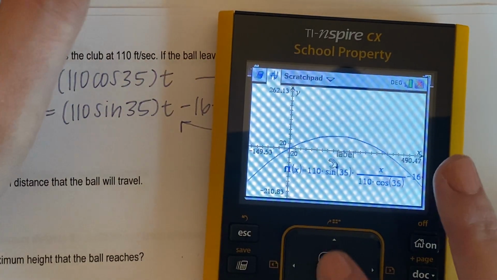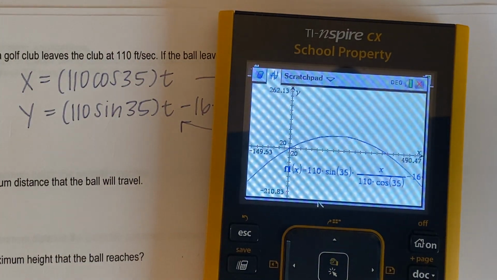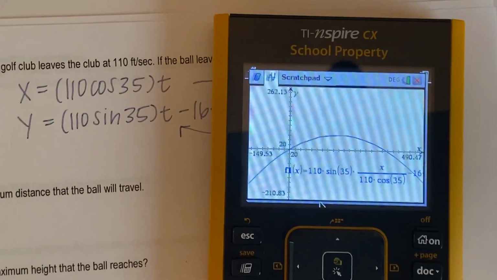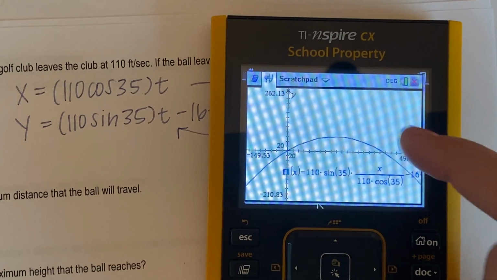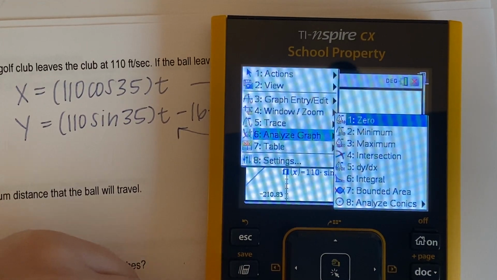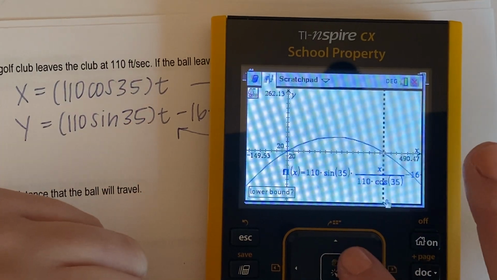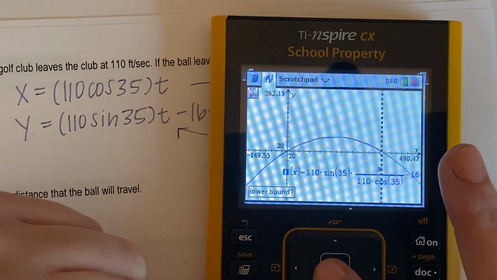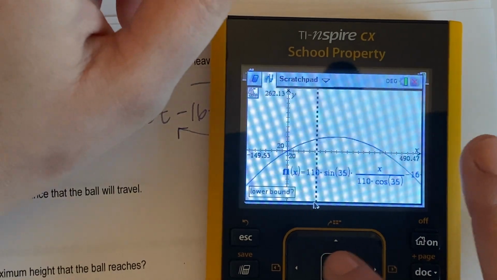Yay. So the first question is, find the maximum distance the ball will travel. So maximum distance is over here. Analyze zero.